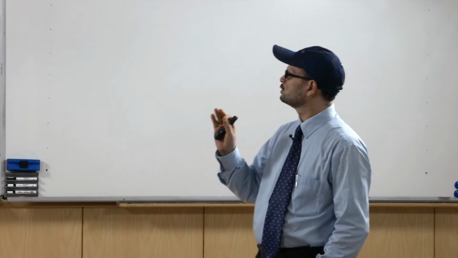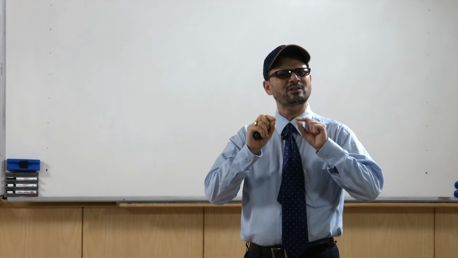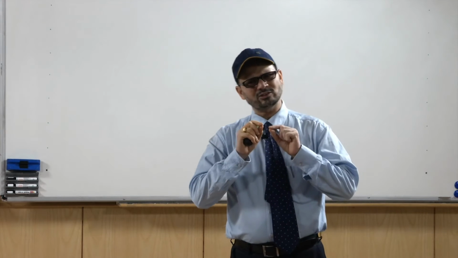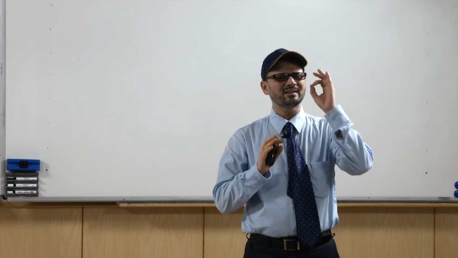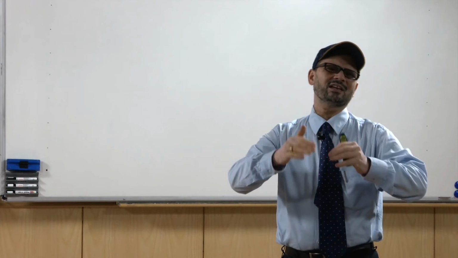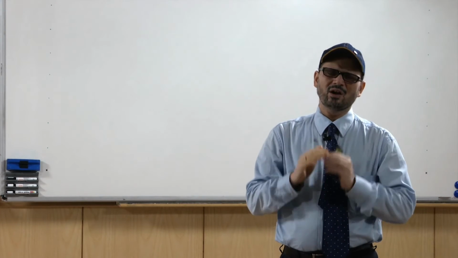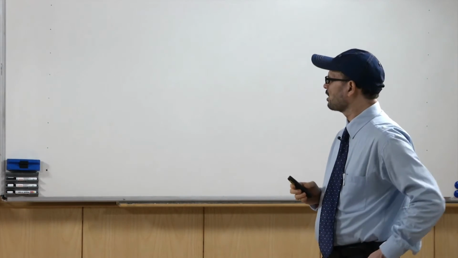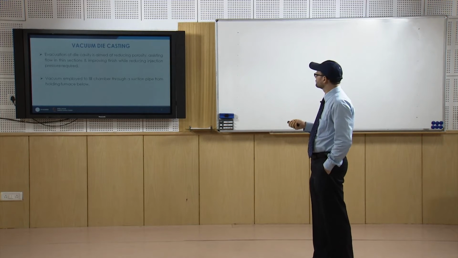It can go into thin sections because it goes everywhere because of the vacuum created. So, the presence of vacuum at any point ensures that that portion will be filled by the molten metal, and that helps in getting the very fine details on the cast product. So, injection pressure is also less.